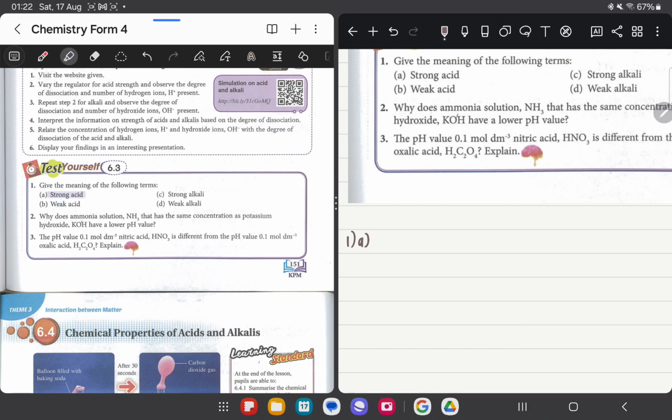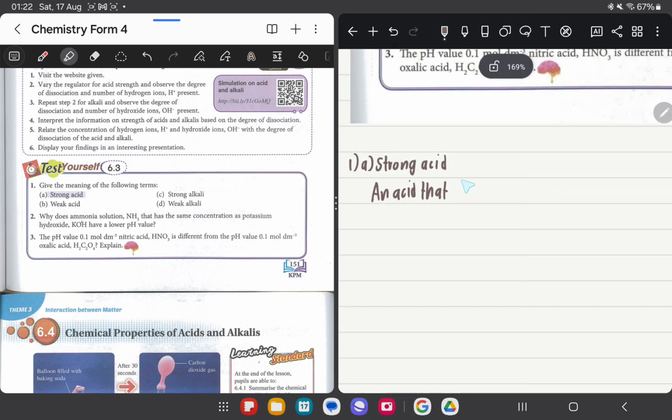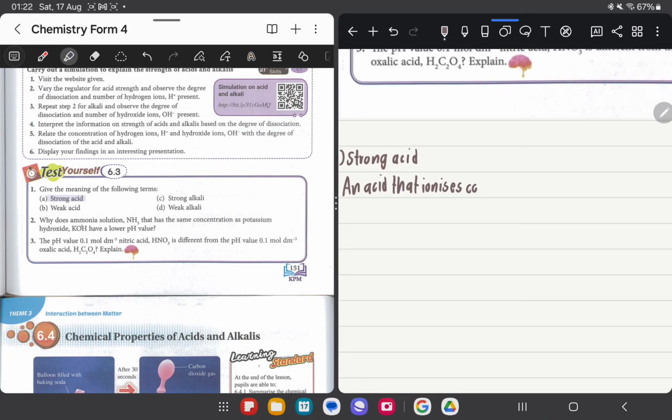Strong acid. So they ask you the meaning of strong acid, right? You have to define the meaning correctly. This is how I define: an acid that dissolves or ionizes. It's better to use the word ionizes because the textbook also uses ionizes. Strong means ionizes completely in water.